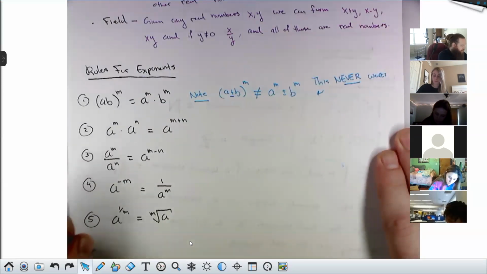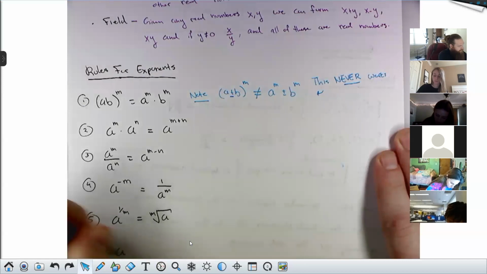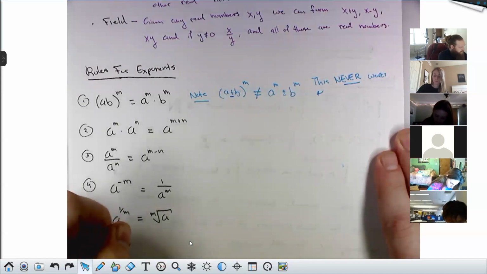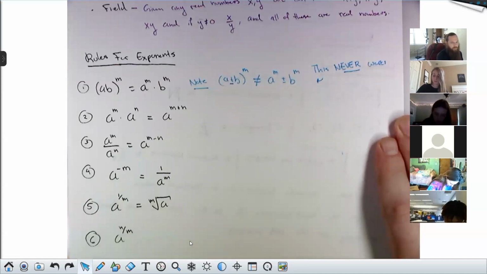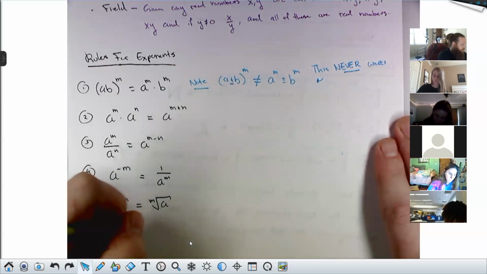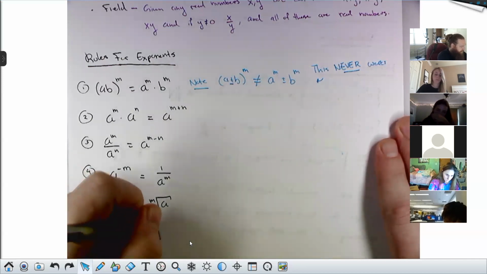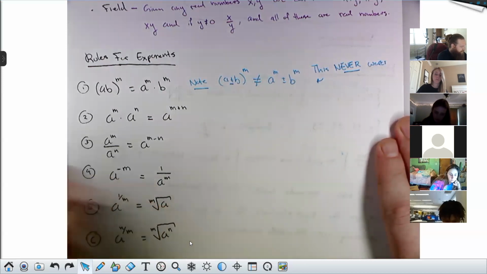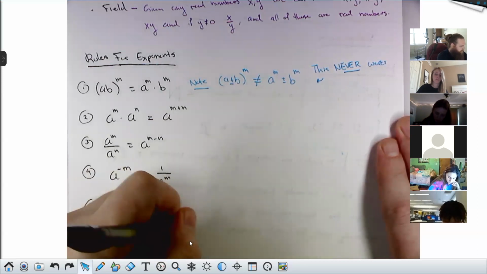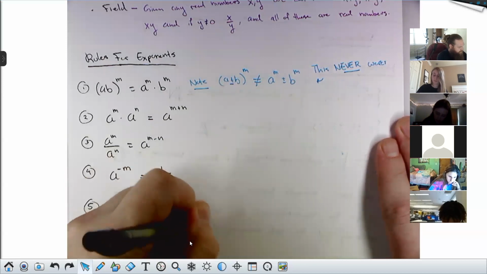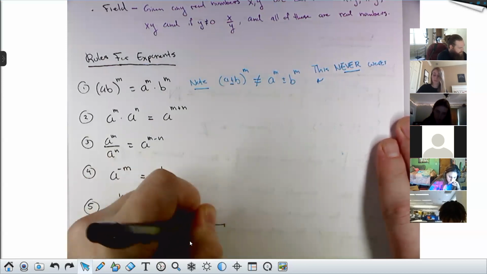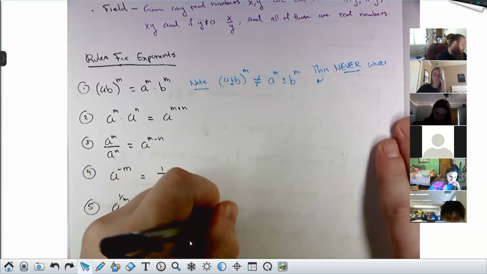And then one more, if you have something like a to the n over m, so you're raising a number to a power and that power is a fraction, then this can be interpreted two different ways. This can be interpreted as the mth root of a to the n, or as the mth root of a, all raised to the power of n.